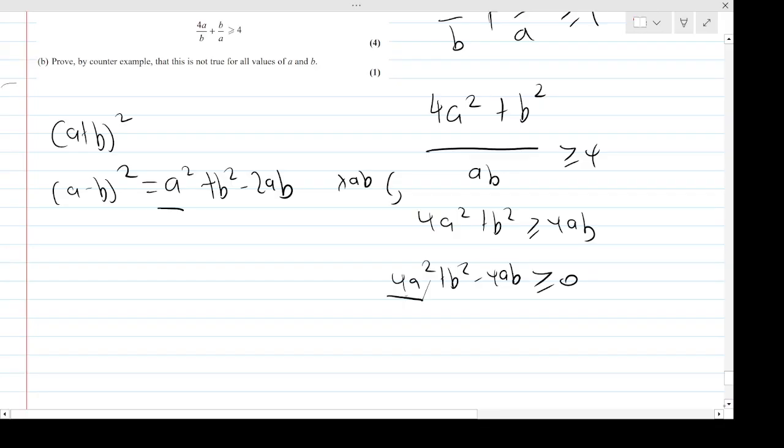I still need to consider this sort of bracket, but instead of just having a here, where a times a would be a squared, what if I have 2a instead, right? Adjust that to 2a, then 2a times 2a will get me 4a squared.